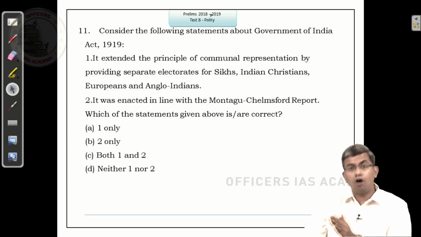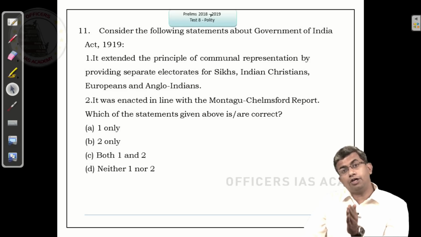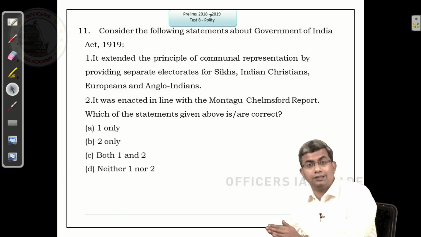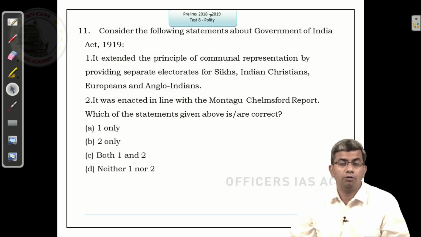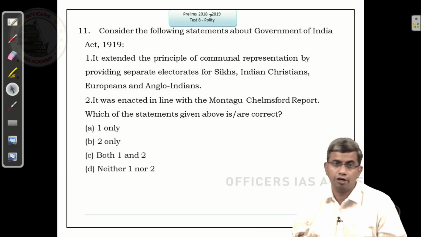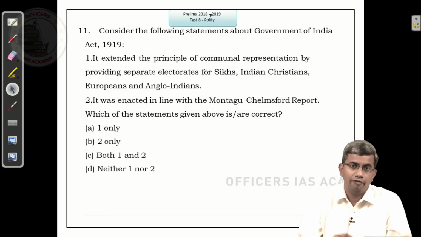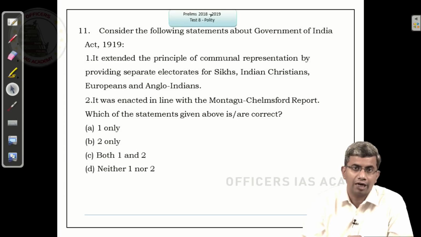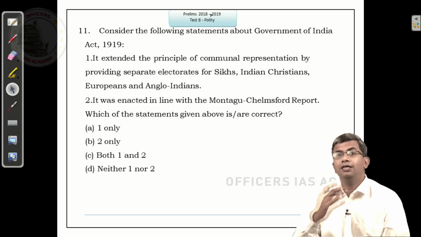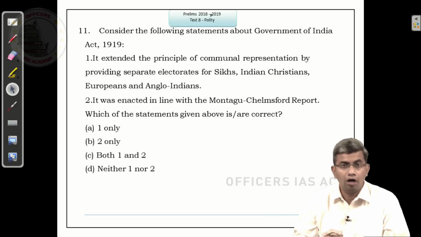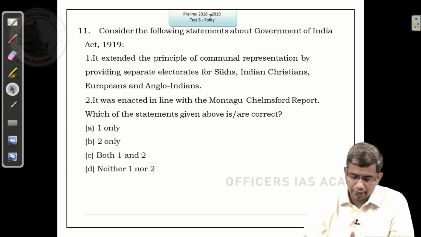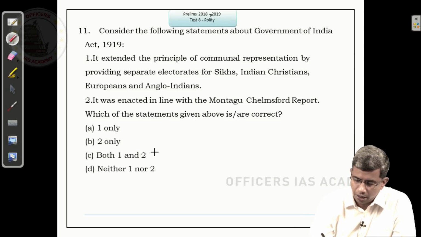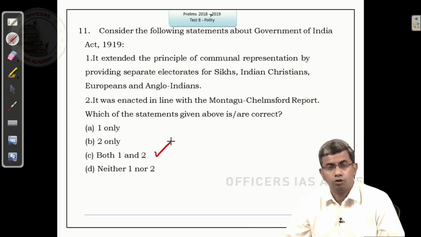The communal award in 1932 made it extendable even to the depressed classes, which was what Mahatma Gandhi was against, while Dr. Ambedkar supported it, and finally they arrived at a Pune Pact where there will be reservation of seats for the depressed classes, but there will not be a separate electorate like it is for the other communities. So, the correct answer here is C, both 1 and 2.